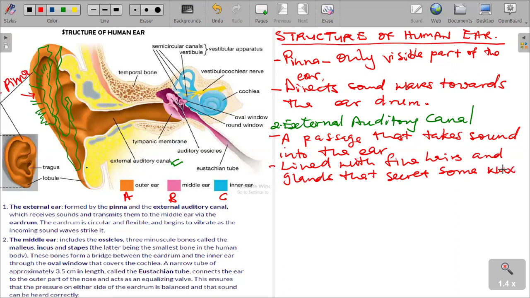The wax is there to ensure that the ear is clean. So the hairs and the wax help to keep the canal clean by trapping dust.